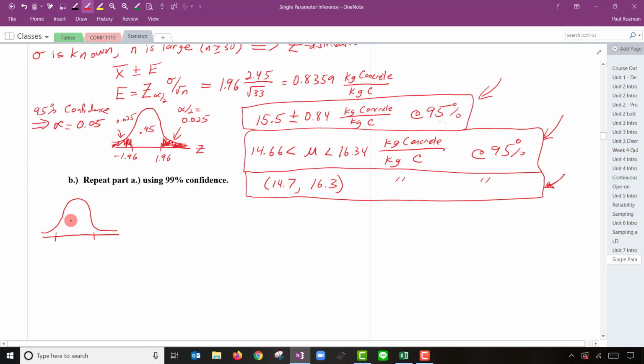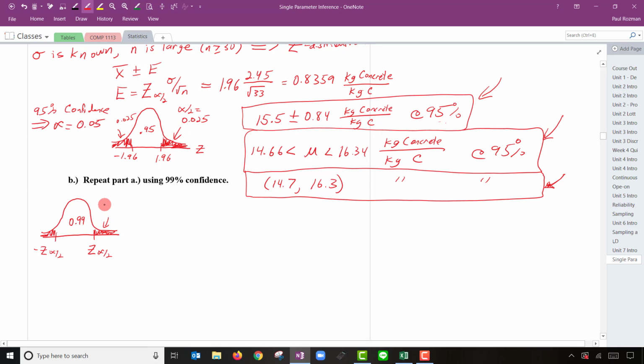Our cutoff values will be different. So these z alpha over 2s will be different scores. And I wrote 95 here. This should be 99. So in my tails, there's 1% in the tails.